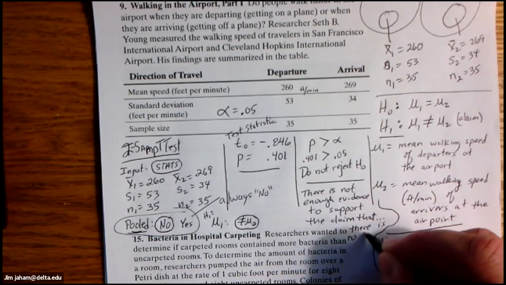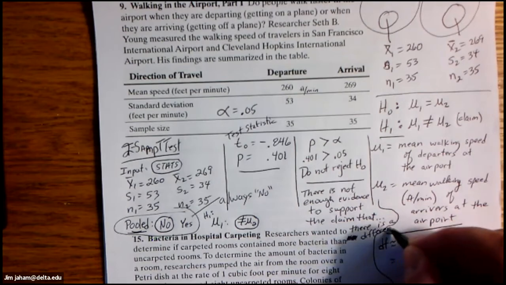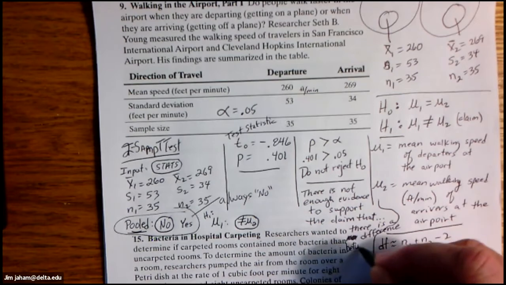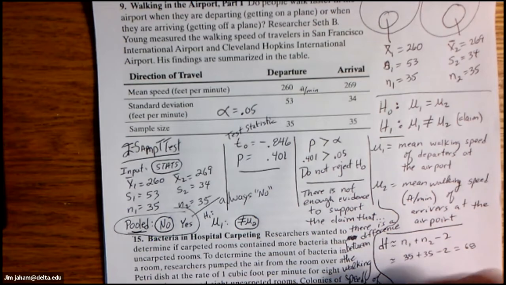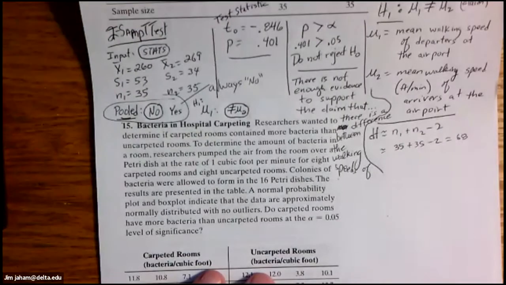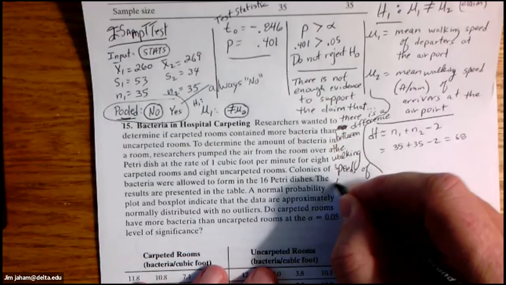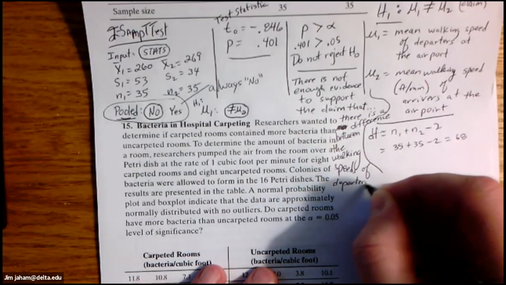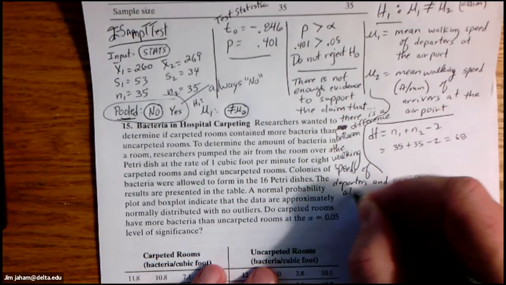There is no difference, or there is a difference between the walking speeds of, again, use your own words here, I'll just call it the departers and arrivers at the airport.